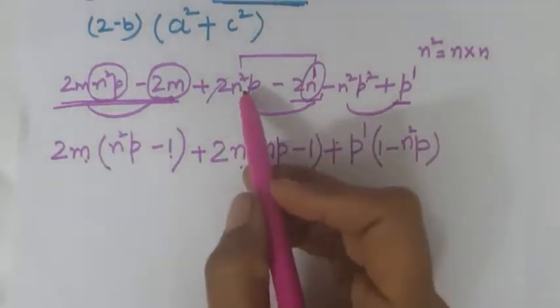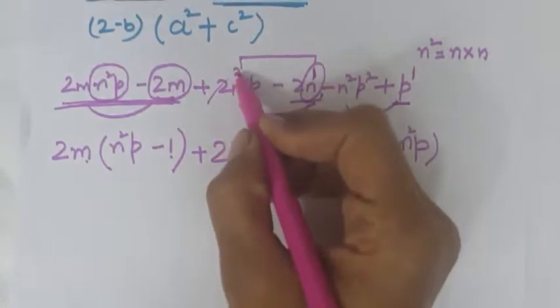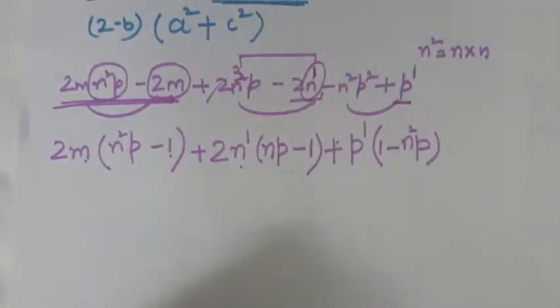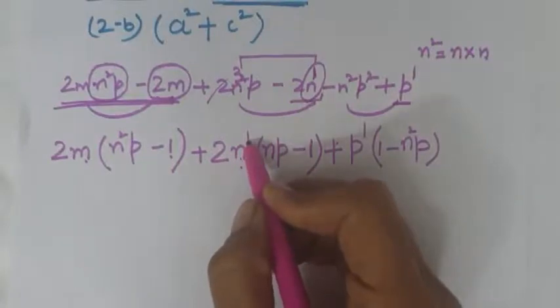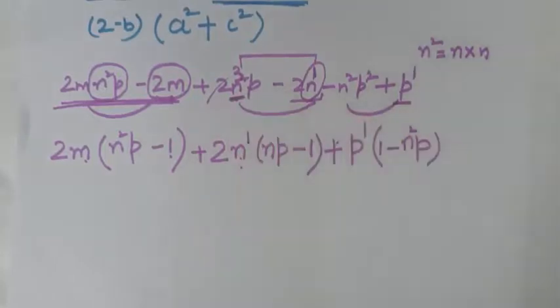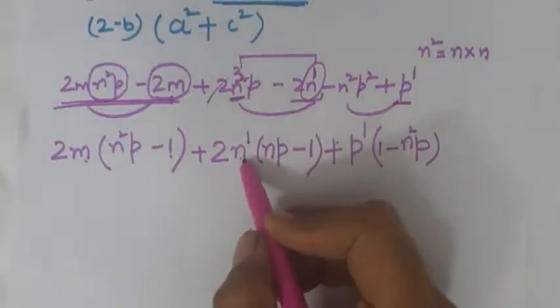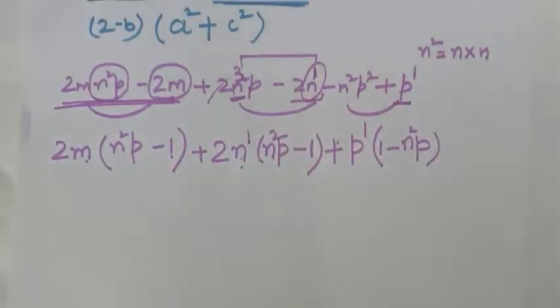Students, there is not n square, there is n cube. So, after taking n raised to power 1 common, means there are n coming 3 times. 1 time I have taken common, so how many times is left? 2 times.